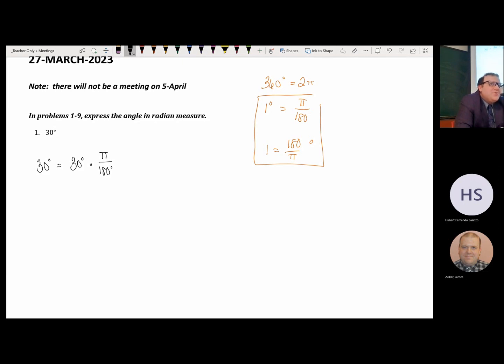It's one of the first things they teach you in every science course. The degrees wind up canceling out. We're left with radians, which is what we want. So what's 30 over 180? So 30 degrees is pi over 6 radians.